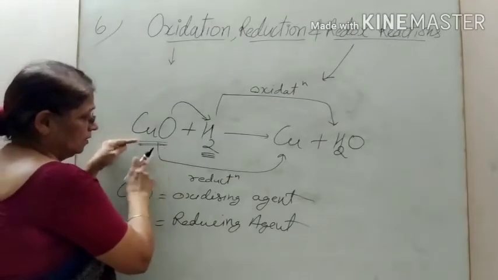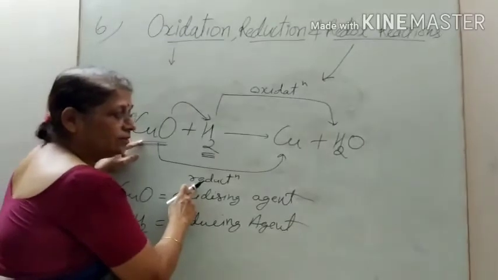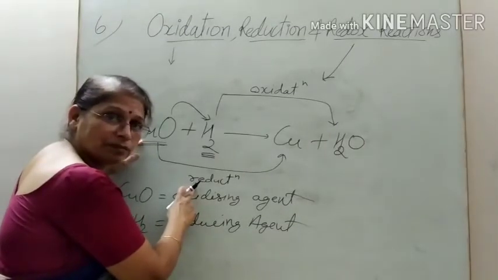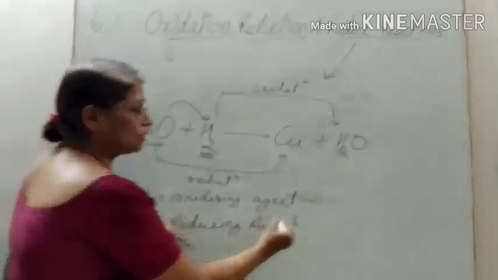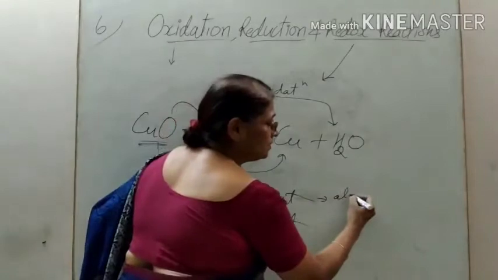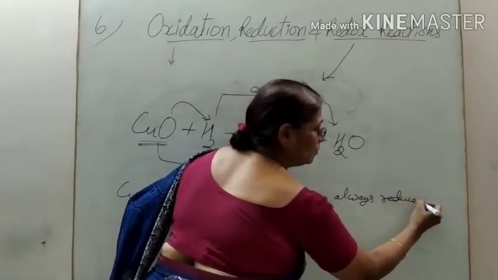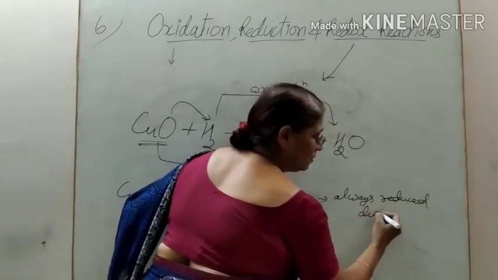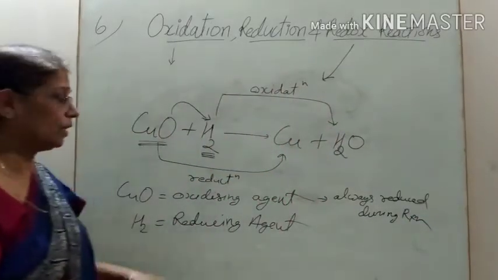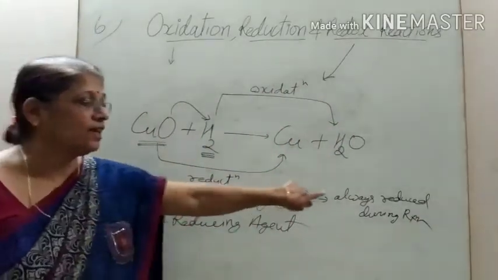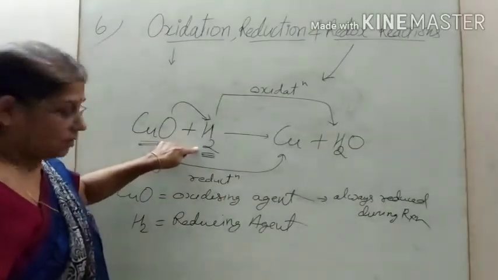Always this is the oxidizing agent. The oxidizing agent gets reduced. The oxidizing agent is always reduced during the reaction, and the opposite for the reducing agent.